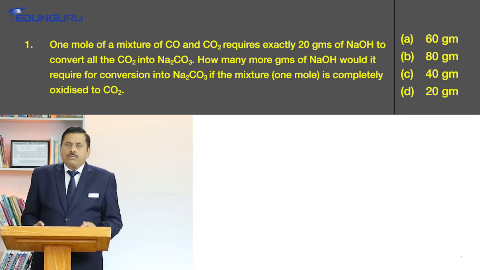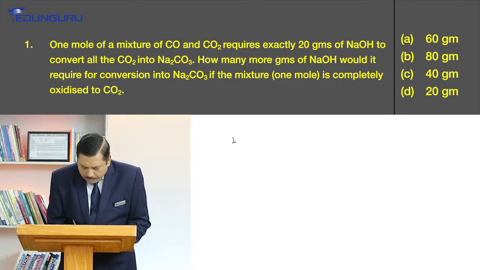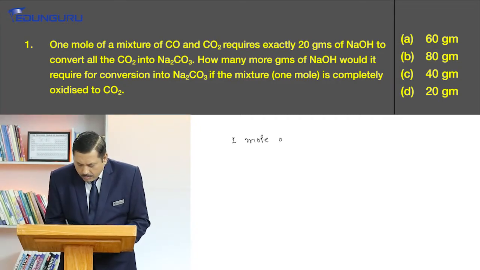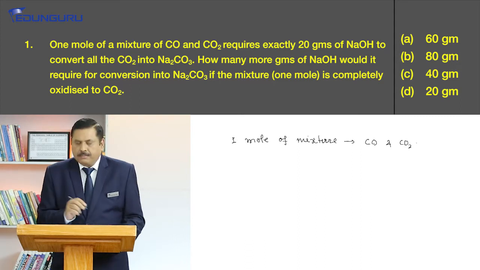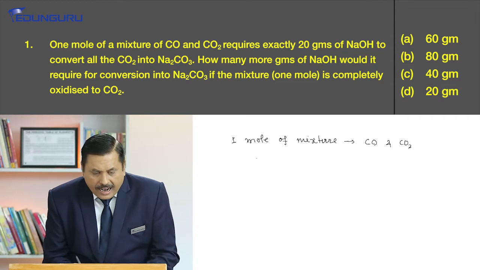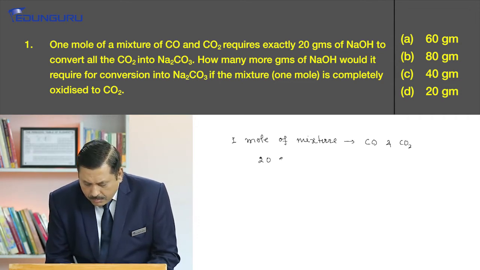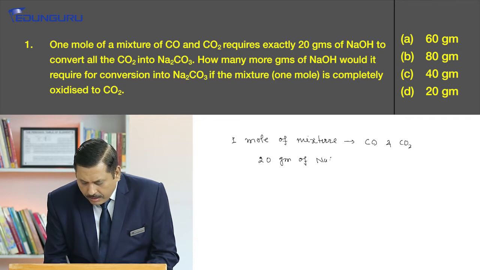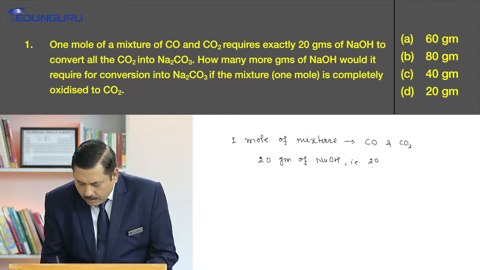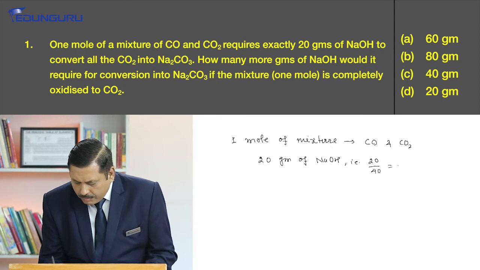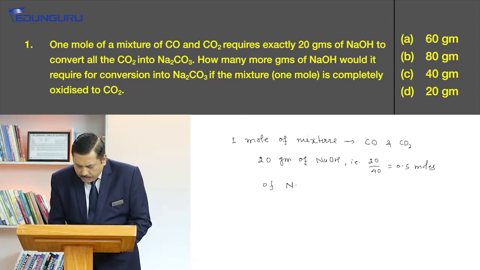Now let us see how we solve this question. We have 1 mole of mixture which contains both carbon monoxide and carbon dioxide, and it required 20 grams of NaOH, that is 20 upon 40, that is 0.5 moles of NaOH.